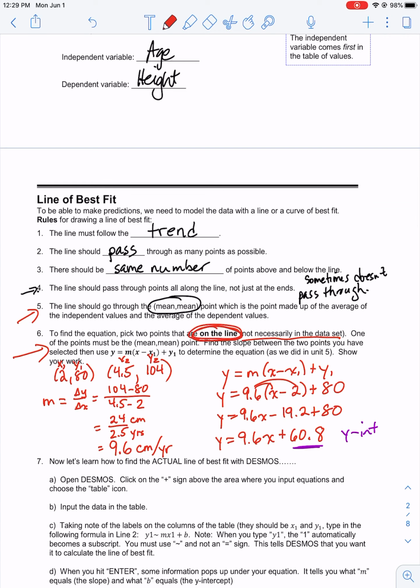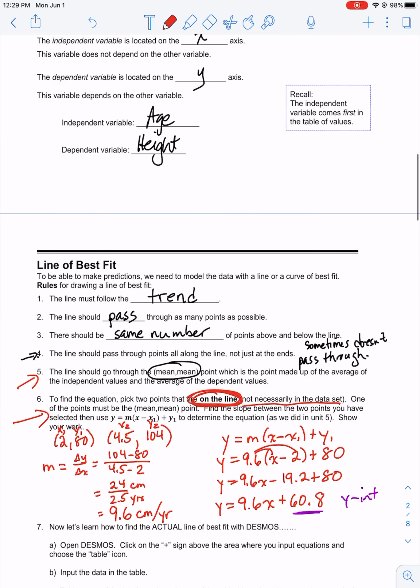I see kids cheating all the time, saying, oh, well, this point, it's so close and I already know what the coordinates are, so I'm going to use it. No, no, no, no. You have to use points on the line, because if you don't, let's say I have a line. There's a line. I have this point that's on the line and this point that's almost on the line, but it's not quite.